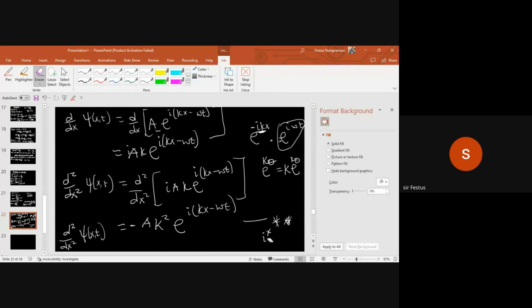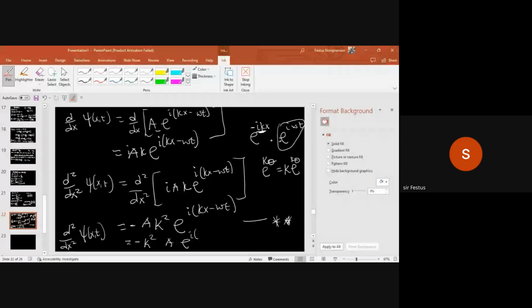So when you now look at the wave function that we defined, we see that the first one is a e raised to the power whatever that is there. So if I rewrite this one as minus k squared, then I have a e to the power I in bracket kx minus omega t. So this is nothing but the wave function that I defined here, the arbitrary wave function.